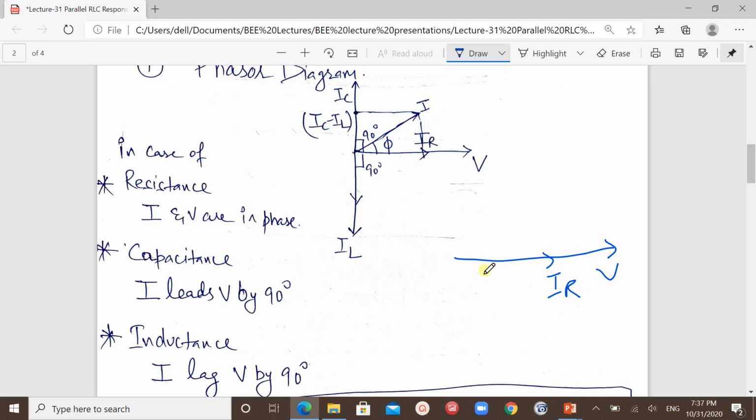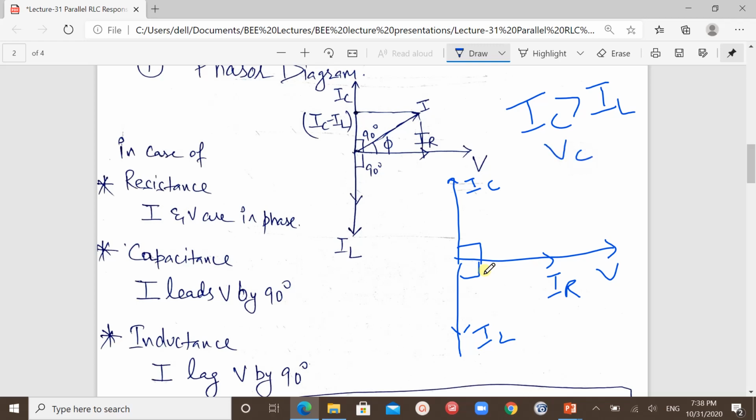Current IC is the leading current, it leads the voltage by 90 degrees, and IL lags by 90 degrees. So here we have one condition, IC greater than IL, as in the case of RLC series, where we have the condition VC greater than VL. So here we are considering this condition.